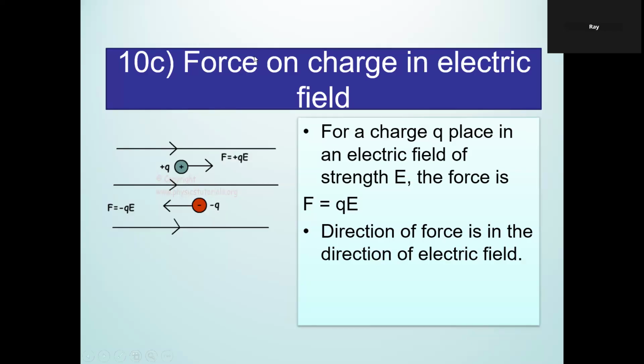Force on a charge in an electric field. For a charge q placed in an electric field of strength E, the force is just F equals QE. From the definition, we just cross multiply.